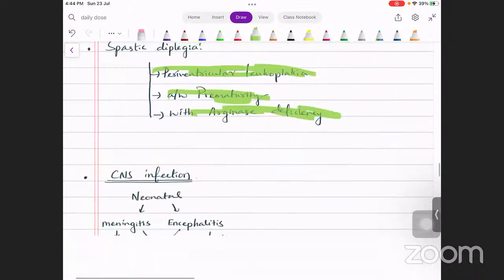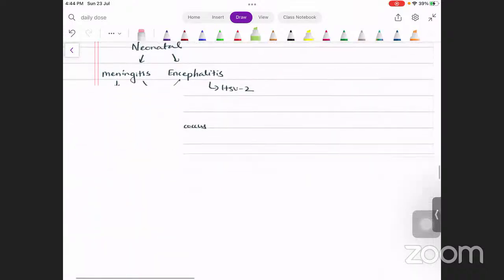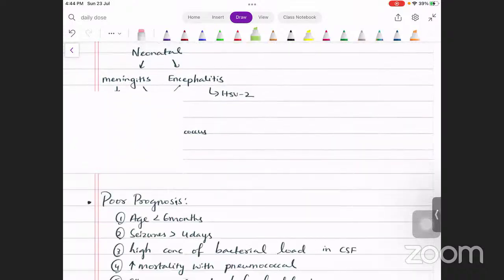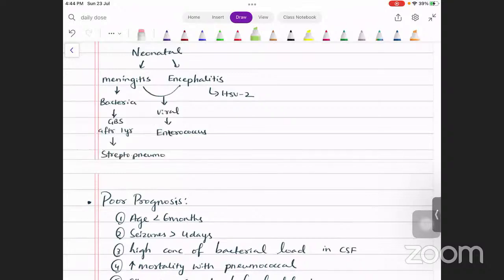Then, apart from that, in the CNS you have meningitis, neonatal meningitis, and encephalitis. Meningitis is associated with bacteria: neonatally it is group B streptococci, and after 1 year it is strep pneumo. For encephalitis, it is HSV2.